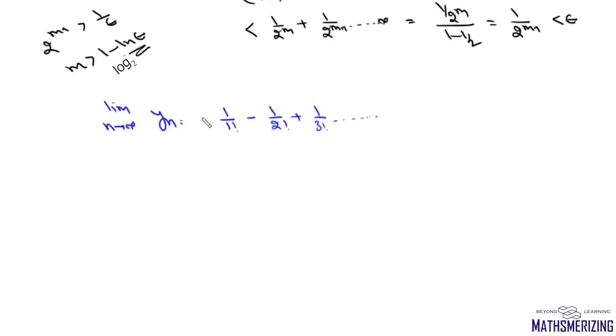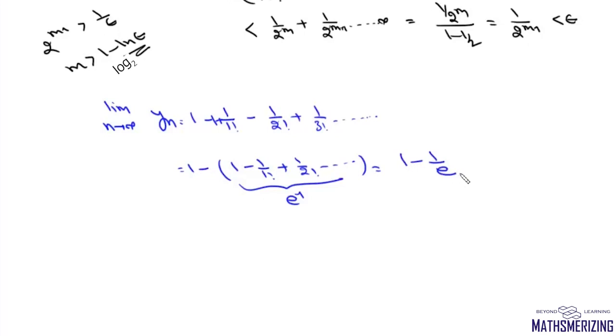Now if we add 1 and subtract 1 and we take minus common, we'll get 1 minus 1 upon factorial 1 plus 1 upon factorial 2. Now this is nothing but the expansion of e to the power minus 1. So this limiting value will be simply 1 minus 1 upon e. So this sequence converges to 1 minus 1 by e.